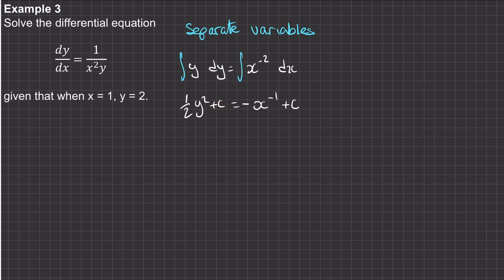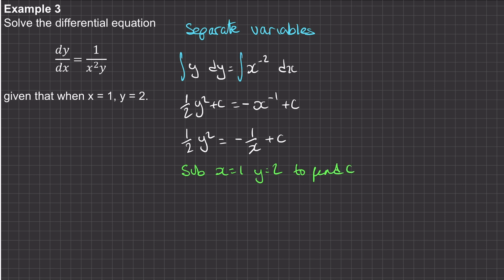So I'm putting these two together, and we get 1/2 of y squared is equal to minus 1 over x, plus the constant term. So now is a good time to substitute in x equals 1 and y equals 2. So I'll just write this down here. And this is to find c.